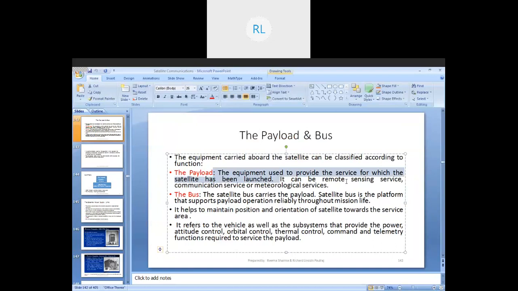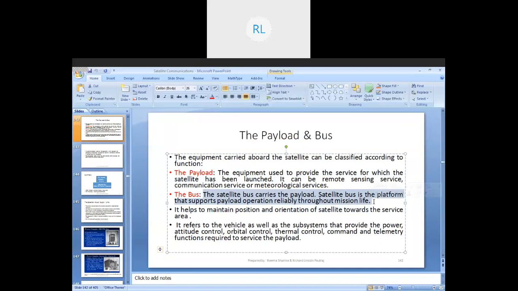It can be for remote sensing or for weather forecasting. There are n number of applications that we have seen so far. It can even be military applications. So that's the payload. Next, the bus. The satellite bus carries the payload.